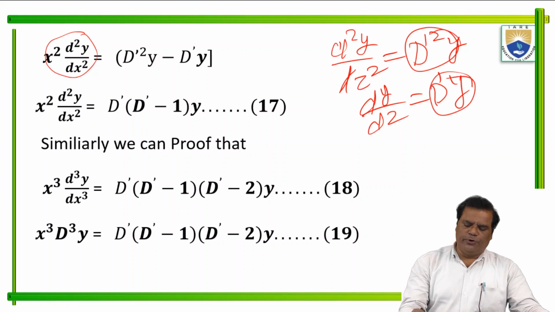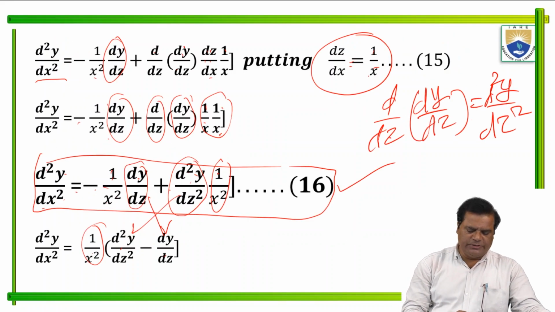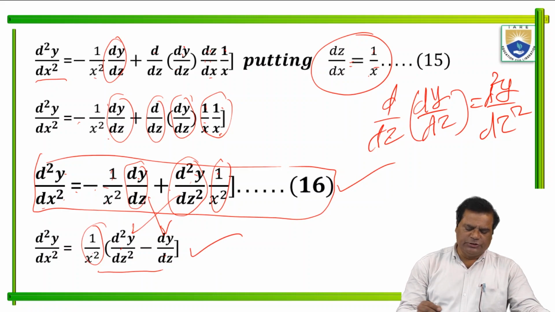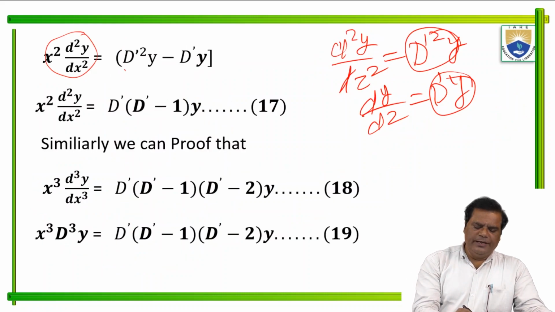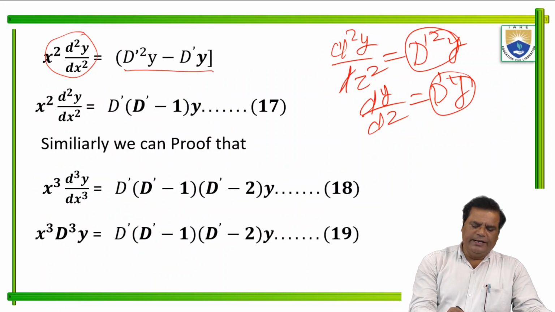Putting both values in the last formula: d2y/dz2 is D dash square y, and dy/dz is D dash y. After putting these values, we get this result. Now D dash is common here, so we get D dash minus 1.